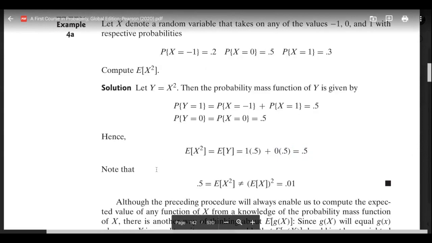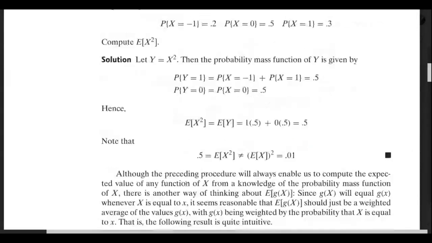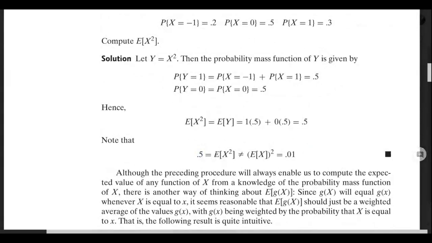So 0.5 is the expected value of x squared. It does not equal the square of the expected value of x. The square of the expected value of x is 0.01. Why?